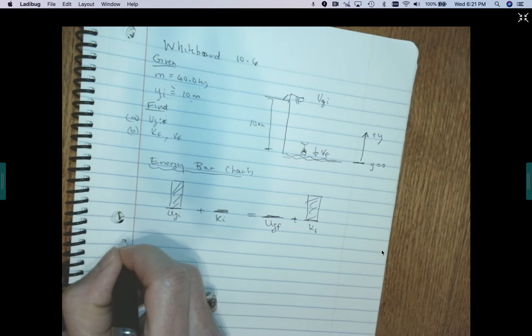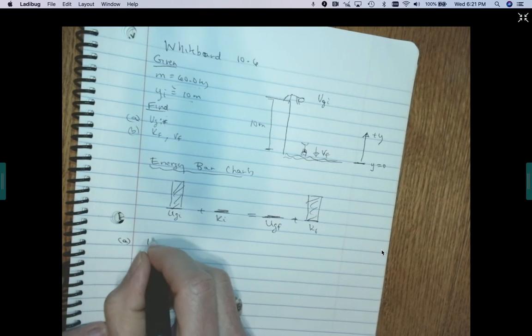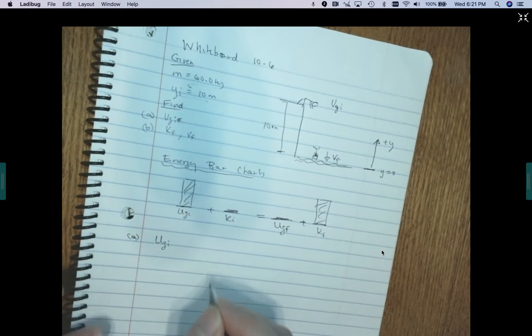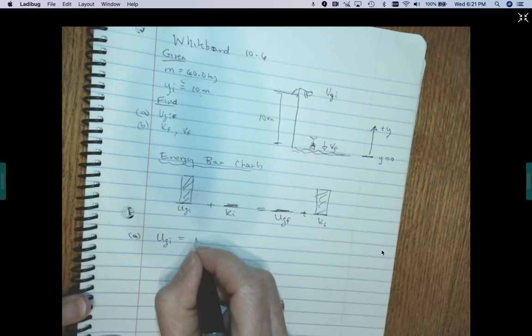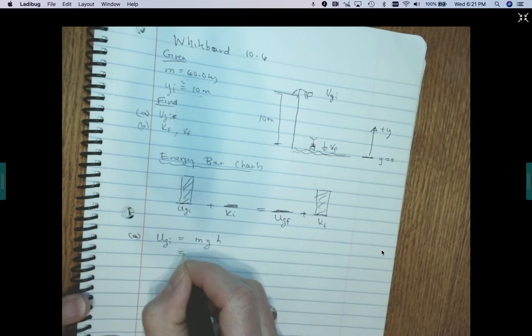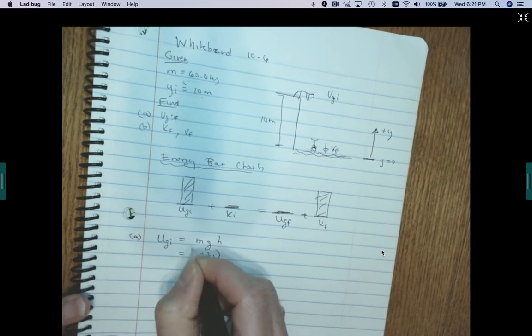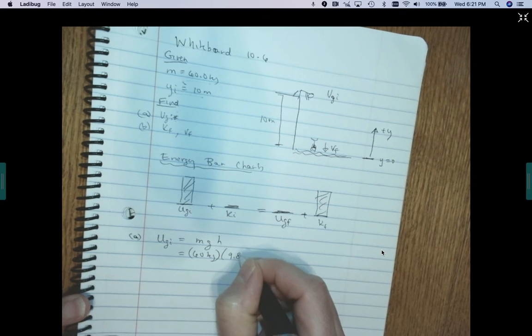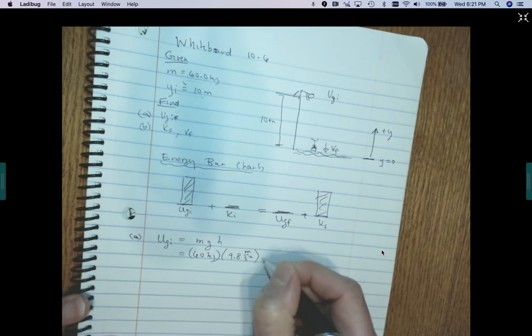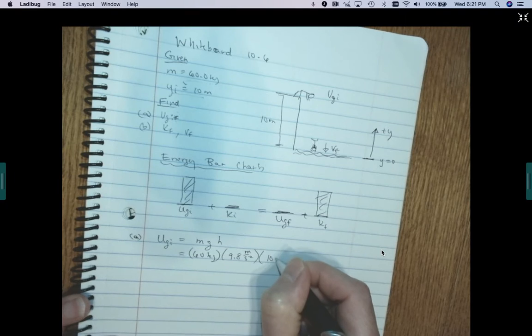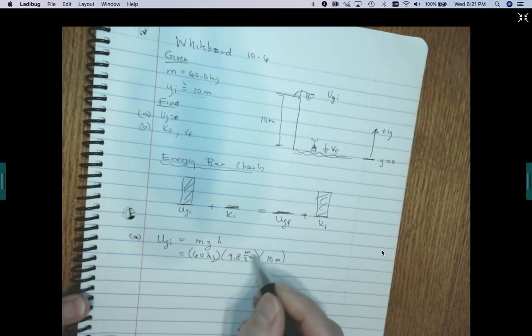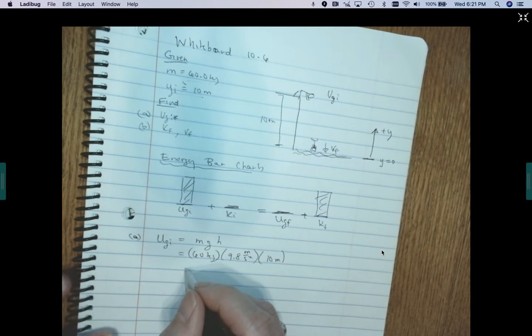I know you guys are disappointed, but for part A, our initial gravitational energy is going to be mgh. So our mass is 60 kilograms, gravity is 9.8 meters per second squared, and our height is 10 meters. So if we round that up, we could say it's about 6,000.